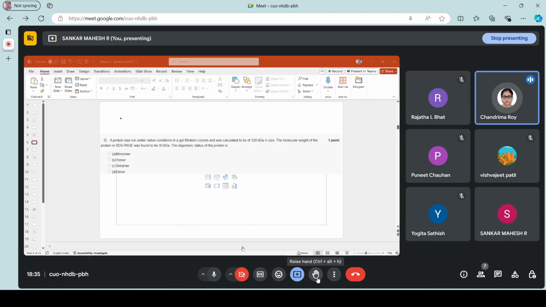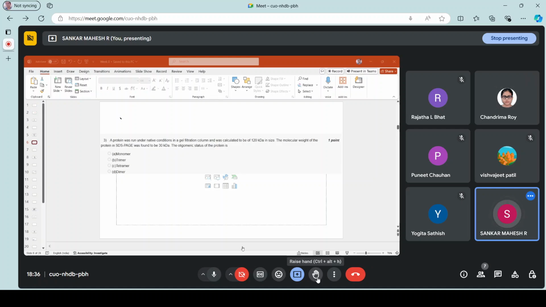In the loading phase we are using Tris-HCl of pH 6.8, glycerol, and bromophenol blue. Why do you need glycerol? Okay, we'll discuss each component. Only that will help us get to the answer.